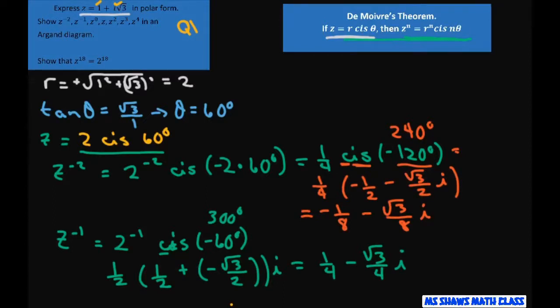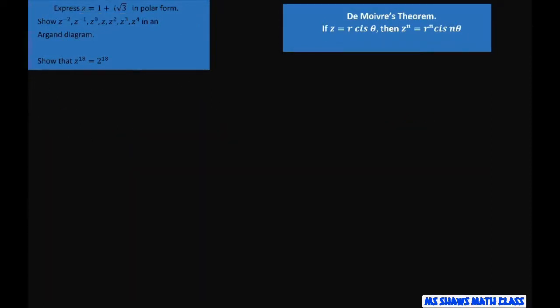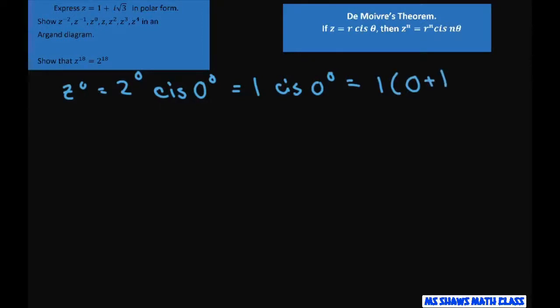All right. z to the 0 equals 2 to the 0 cis of 0 times 60, which is just 0 degrees. So that equals 1 cis of 0 degrees, which equals 1 times 0 plus 1 times i, which equals 1.